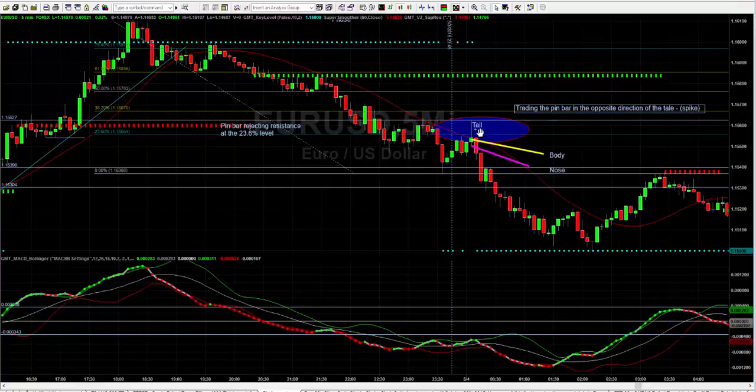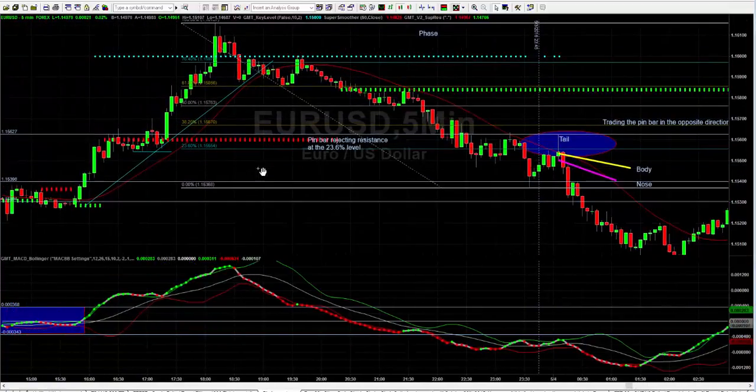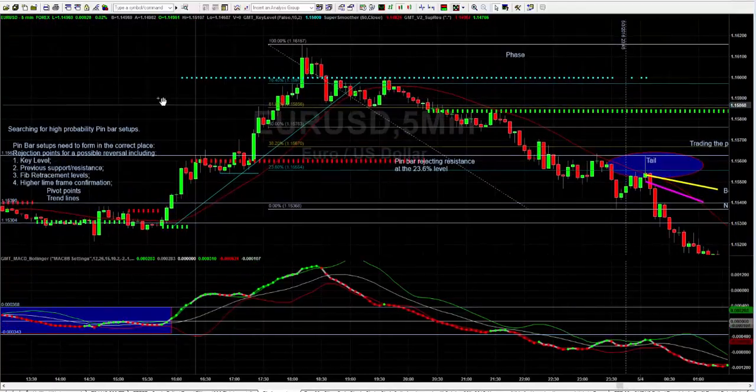Within any entry that we're assessing as a potential entry, we need to see that failed attempt to break out, or for price to push higher. But we want to see that not just in isolation.